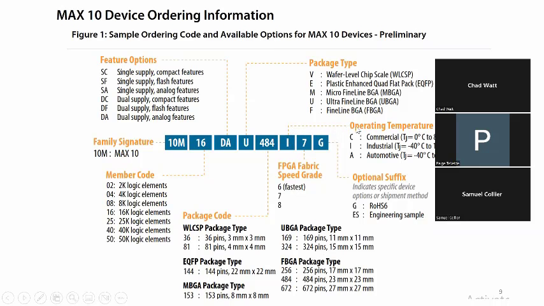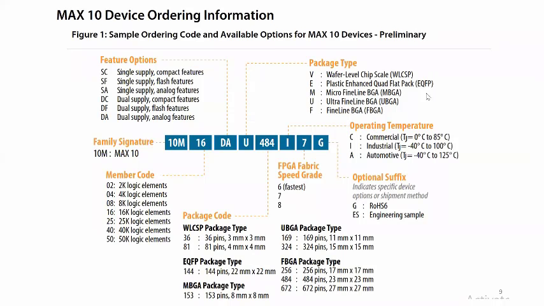I, this is the operating temperature. The one we have, if it is I, it can work from -40 to 100 degrees centigrade. 7, the speed of the processor. 7 that we select, it means that is not the fastest, but still moderate, and it can do great job for us.